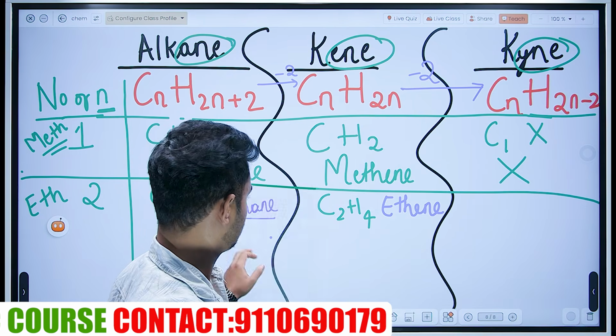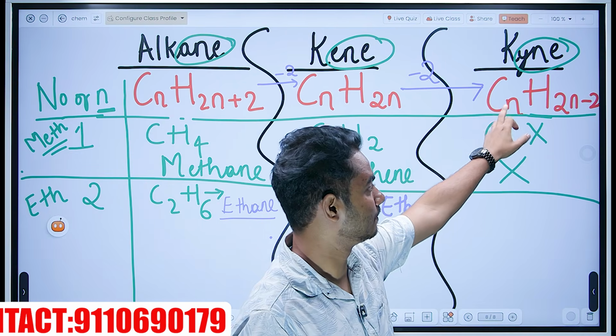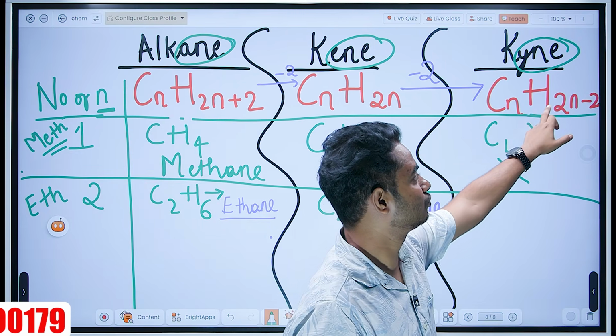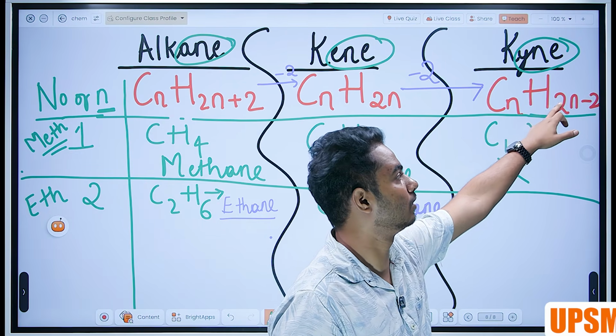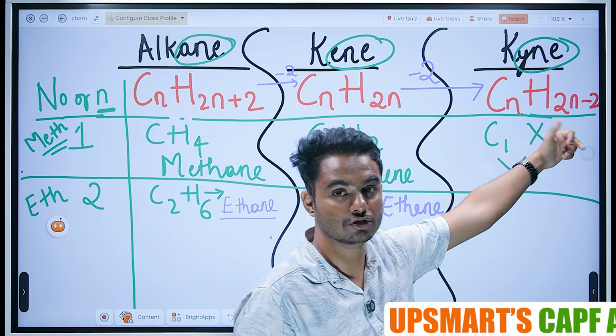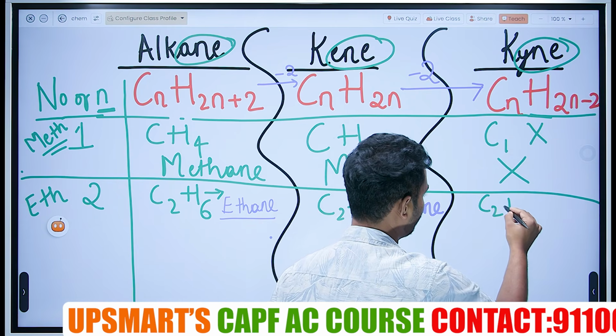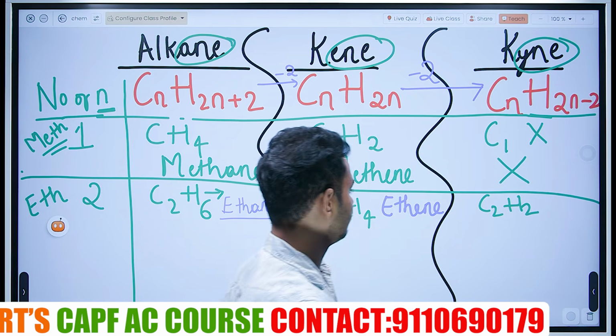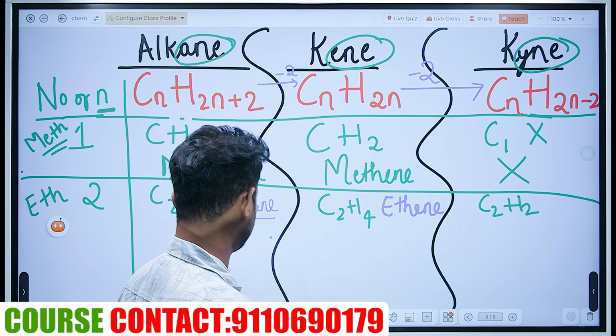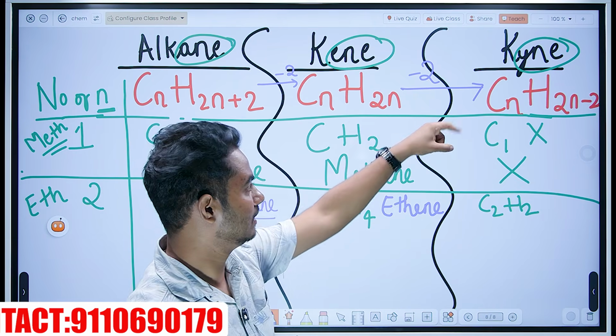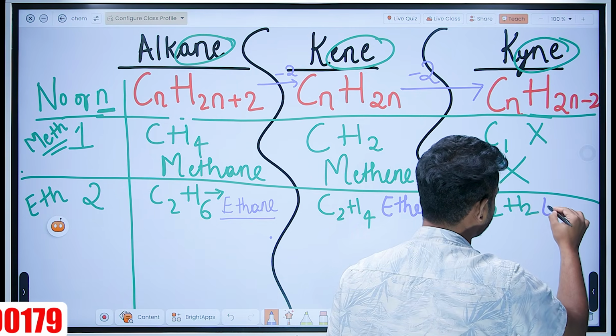Now we substitute 2 here, means C2H2n minus 2. 2 into 2 means 4. 4 minus 2 is 2. C2H2. Now we get a compound here. We have eth as a keyword. The ending word is ine. This is called ethine.